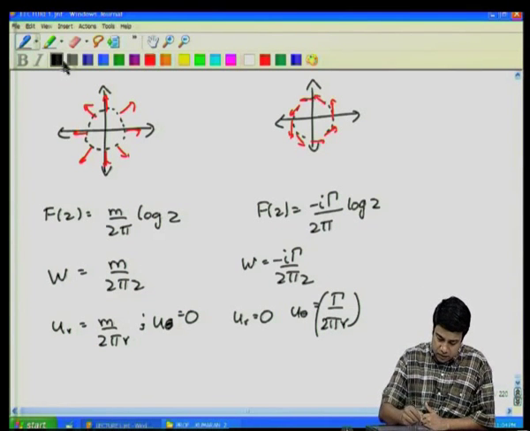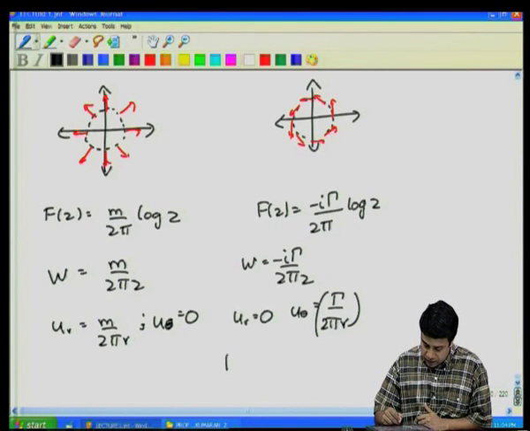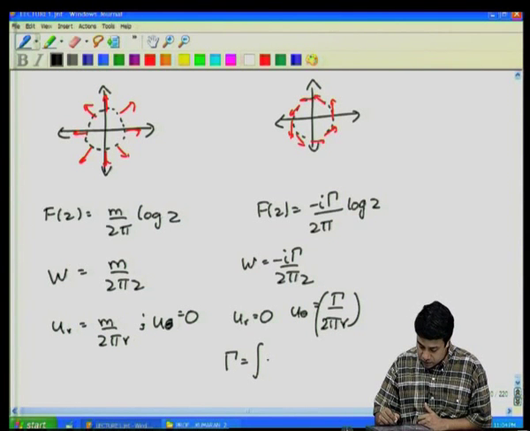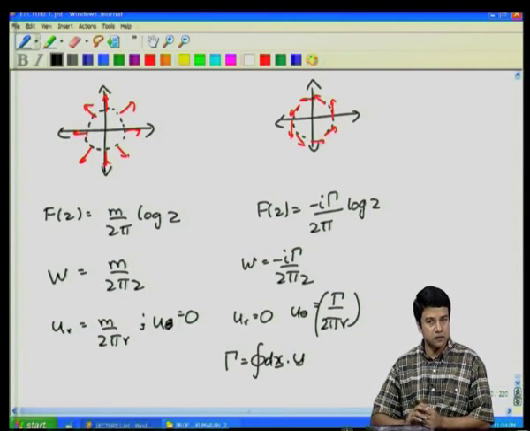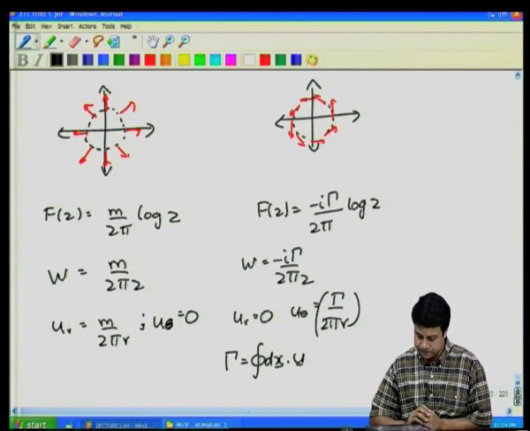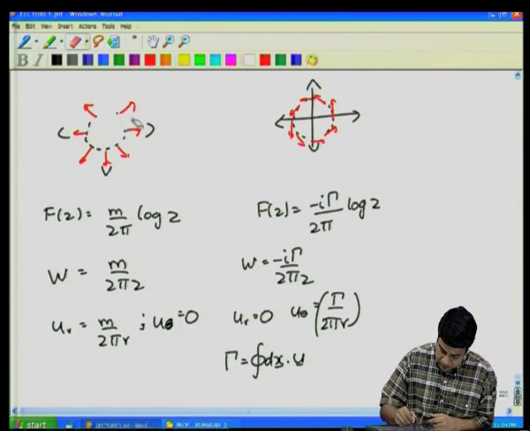And the parameter gamma is just the integral over any closed loop of dx dot u. Now this relationship emerges from the Stokes theorem for the curl of the vector.